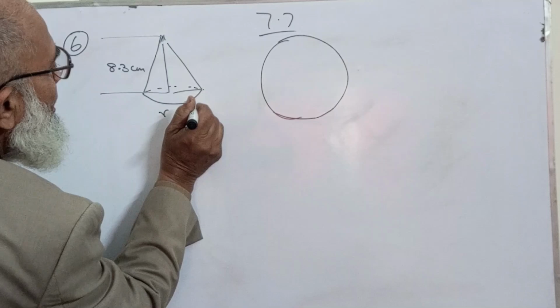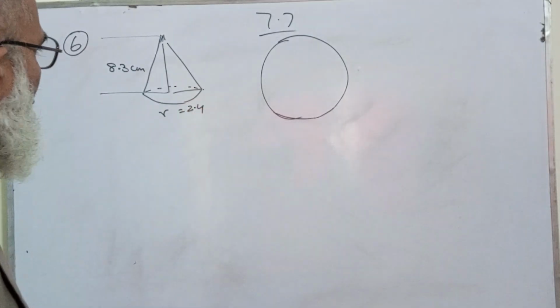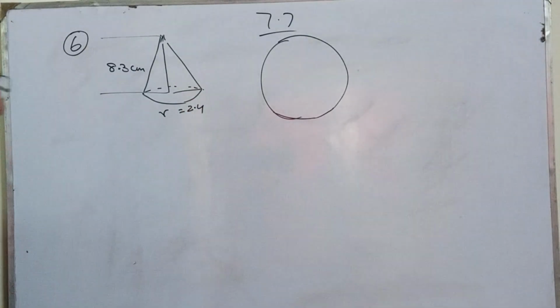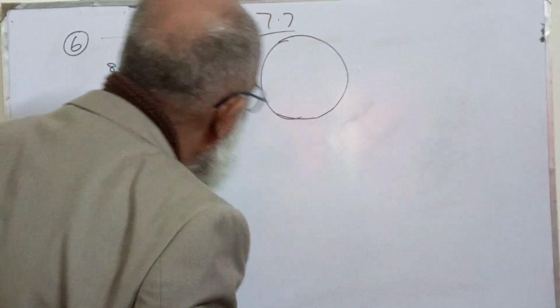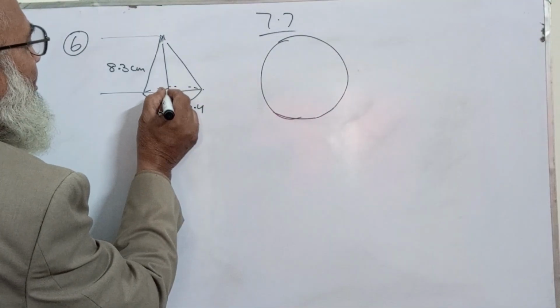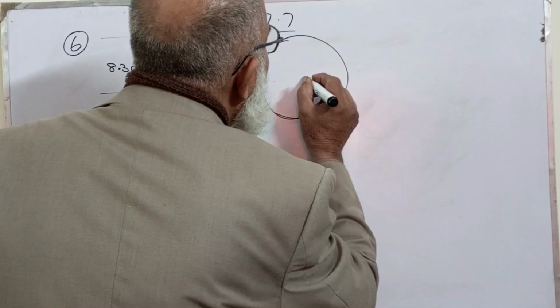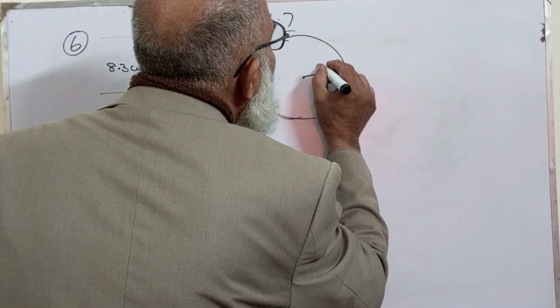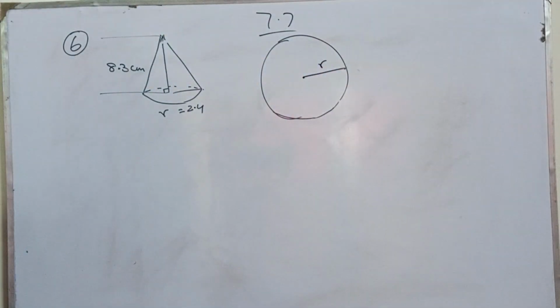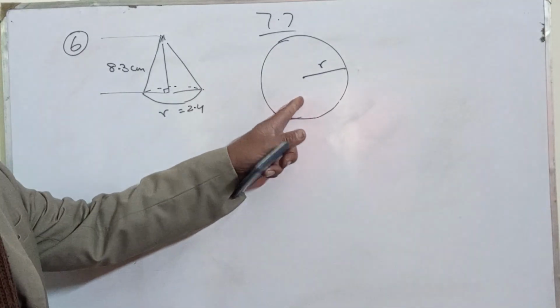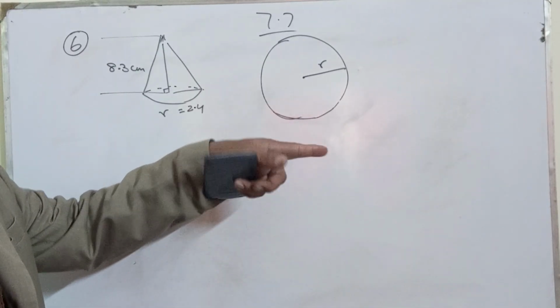Dots are sometimes not visible. So this is the vertical height, and this is also given over here. And this is R. Now, just consider that this is a sphere, not a circle.